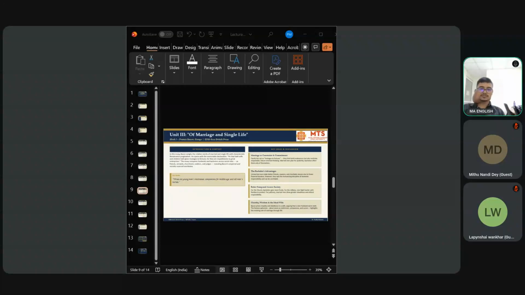So the essay also contains one of the most quoted and debated aphorisms in Bacon's writing: wives are young men's mistresses, companions for middle age, and old men's nurses. So what Bacon means is that at different stages of a man's life, the relationship with his wife takes on a different character. In youth, a wife provides romance and passion.